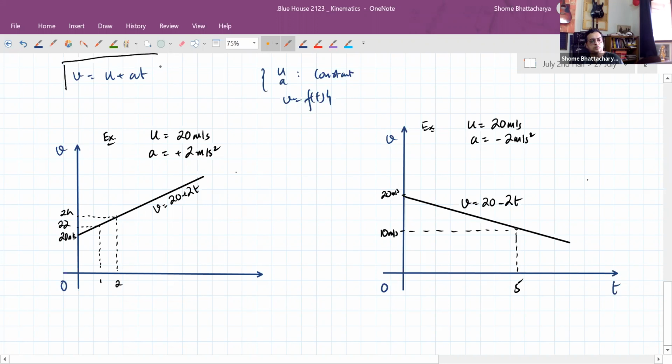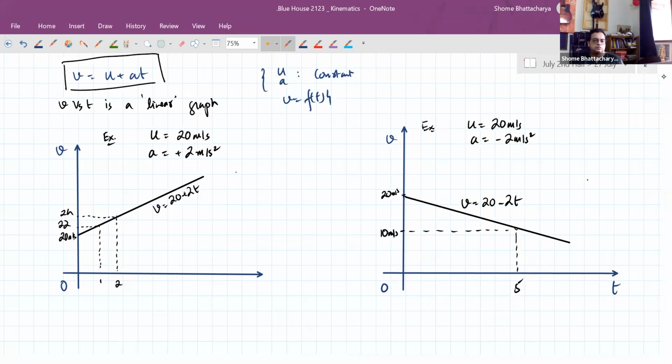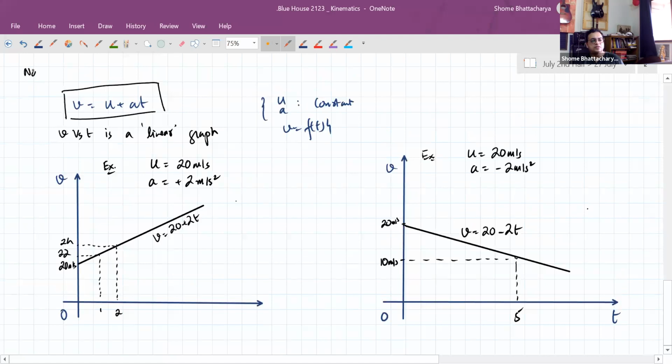So the v versus time graph is a linear or straight line graph in this case. It's a linear graph such that the slope of the graph, delta v by delta t, is equal to the uniform acceleration.